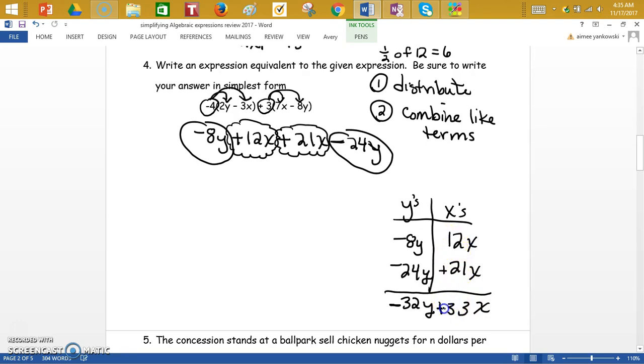So that's plus 33x. So your final answer is negative 32y plus 33x. Can't combine your y's with your x's. Those are not like terms. You know you are done.